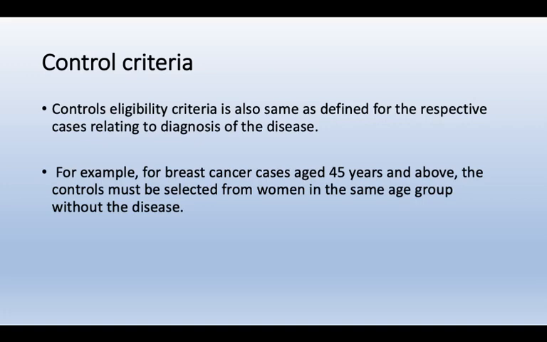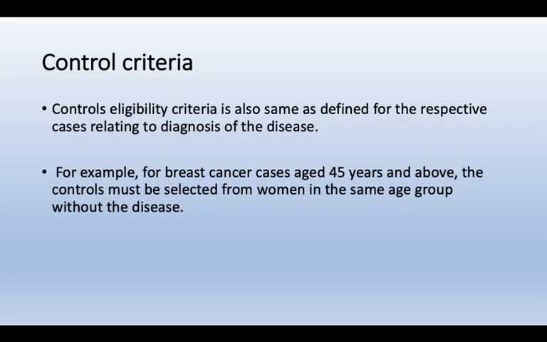For example, in most hospital-based studies, if we are trying to study the association of pancreatic cancer with caffeine intake, and we compare the caffeine intake of patients who have increased risk of pancreatic cancer with individuals visiting that hospital with some other ailment, for example gastrointestinal disturbance, or a UTI, urinary tract infection, they can be taken as our controls. But obviously the data may be slightly biased, but we can take them as controls.